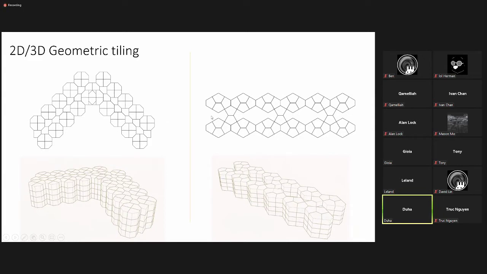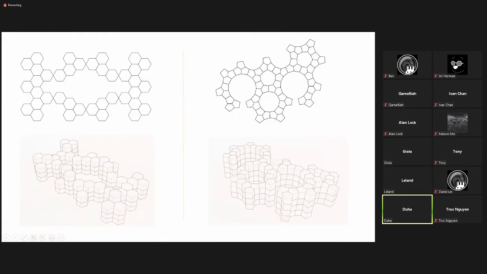Then I tried to have something a bit simpler than this one. For this one, I managed to fix the problem of having access for light and windows. However, this one follows a linear growth, which can be limiting. And then I studied hexagons.